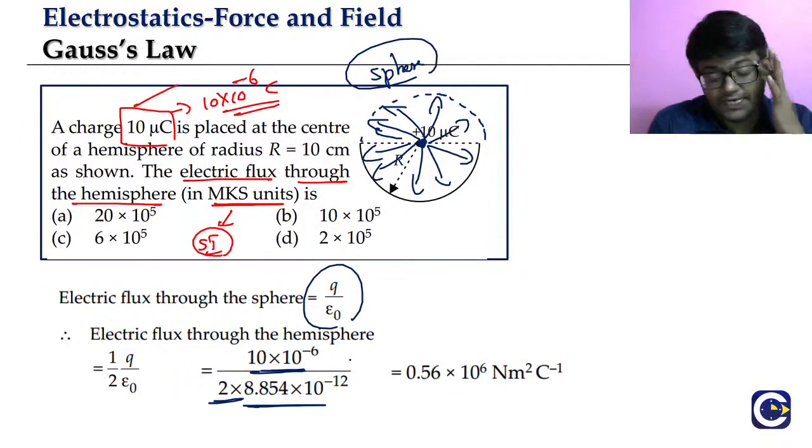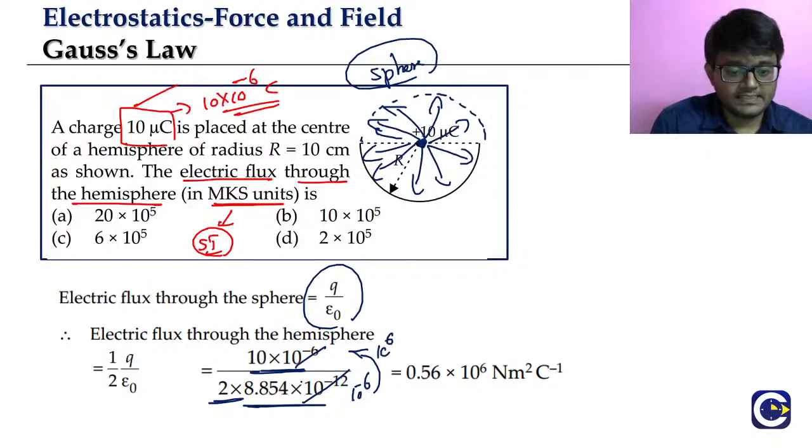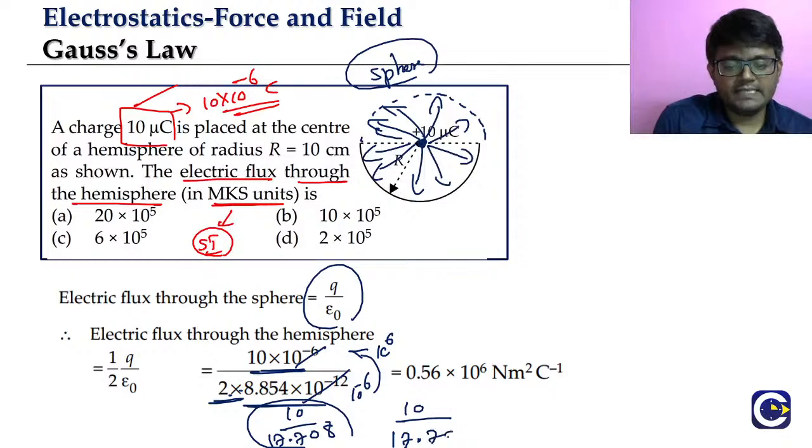So if you simplify it, we will get it as what? This is like 10 power minus 6 over 10 power minus 12, the numerator it will become 10 power 6. So this 10 divided by 2 into 8.854. 2 4s are 8, 2 5s are 10, 17. So 10 by 17.708 into 10 power 6 varum.